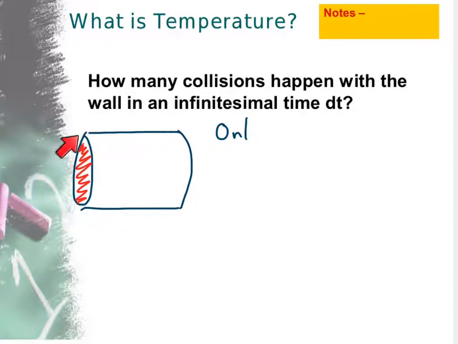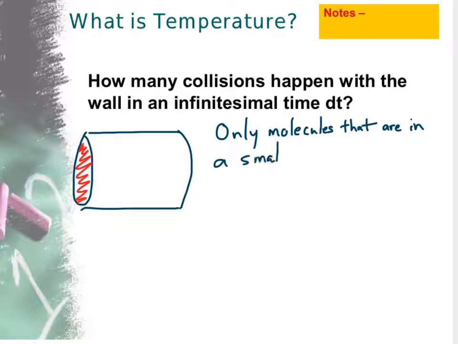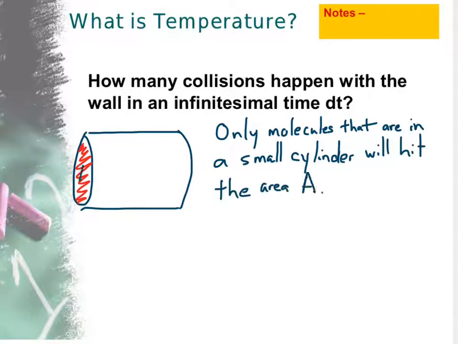So I've drawn a small cylinder, and I'm going to argue to you that only molecules that are inside this small cylinder will actually hit the area A. Now, I have to tell you what the length of this cylinder will be.